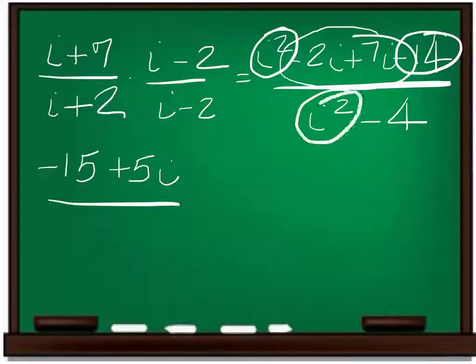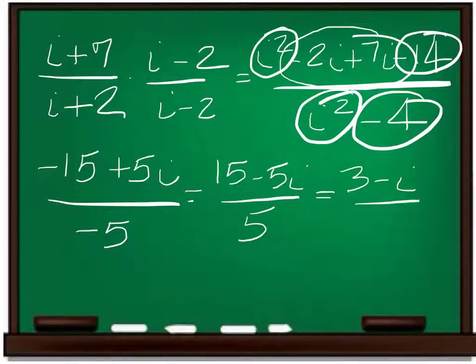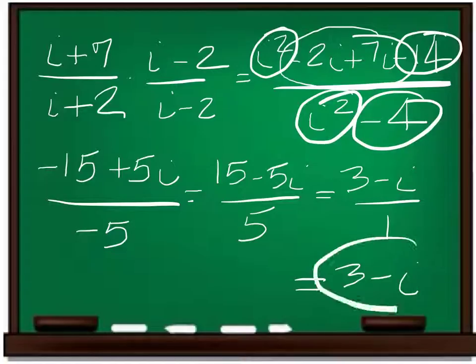And then negative 1 minus 4 is a negative 5. You have to change the sign of everything. And then, since everything is divisible by 5, you can divide everything by 5. So that would be 3 minus i over 1, but you can't have a 1 on the bottom. So it's just 3 minus i.